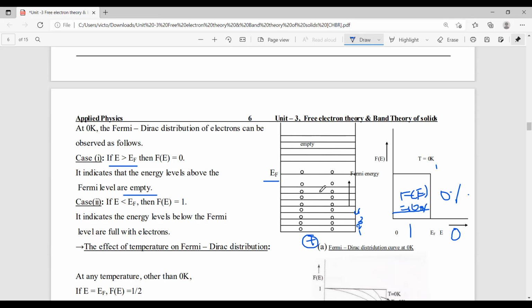That means there is a 100% chance, so 100% is expressed as 1. Actually, in mathematics, you have to know that probability values lie between 1 and 0. 1 means 100% and 0 is 0%. Okay.